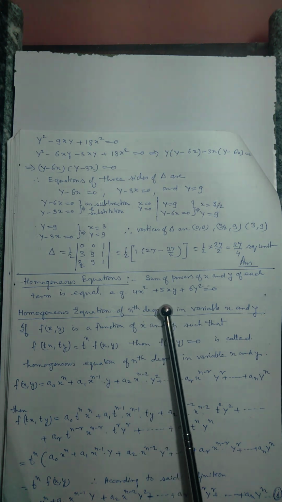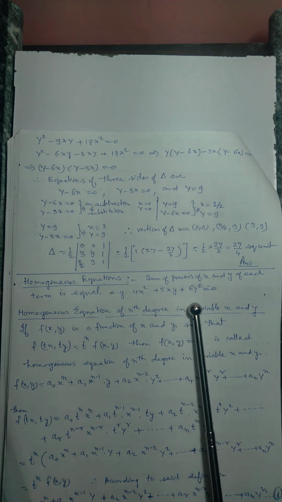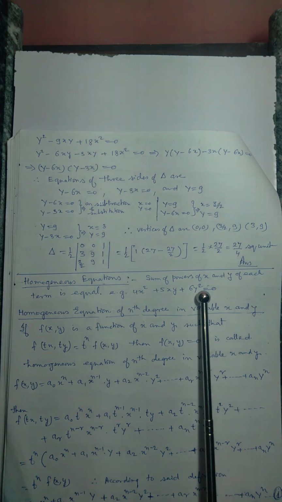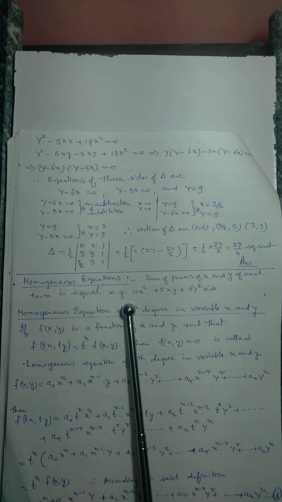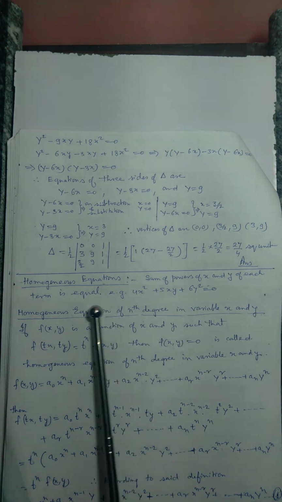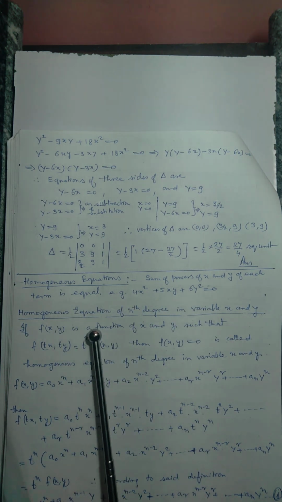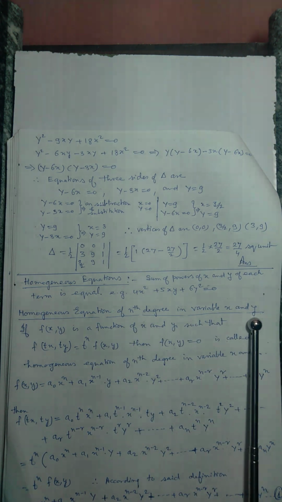Degree of 5xy, that is 1 plus 1, again it is 2. Degree of 9y square, again it is 2. So the degree of each term is 2. Therefore, this equation is called a homogeneous equation. Homogeneous equation of the nth degree in the variables x and y.